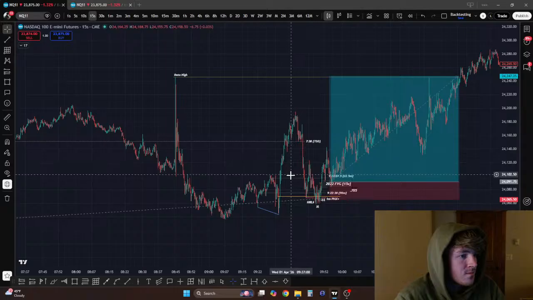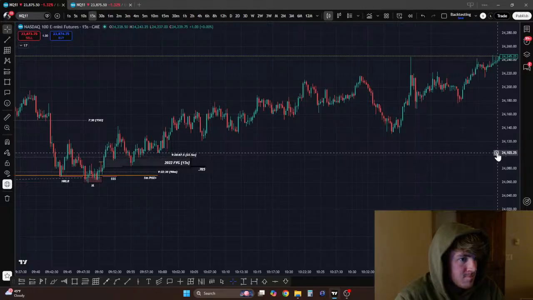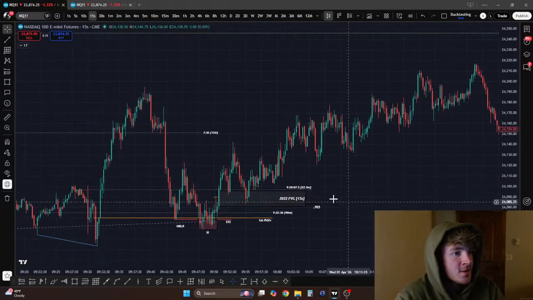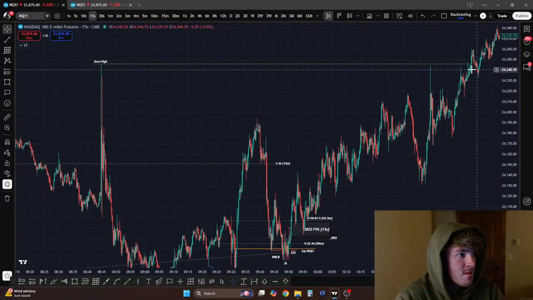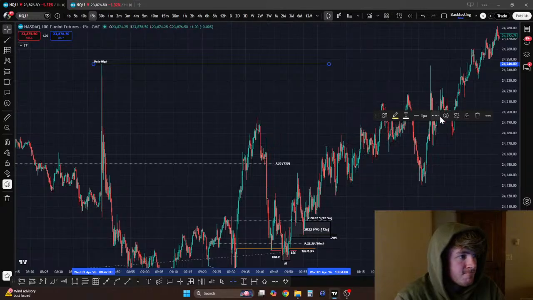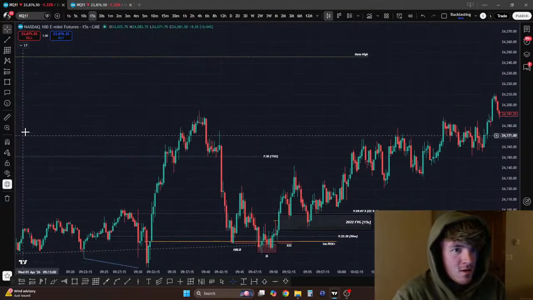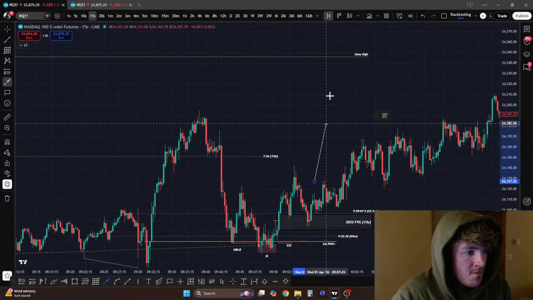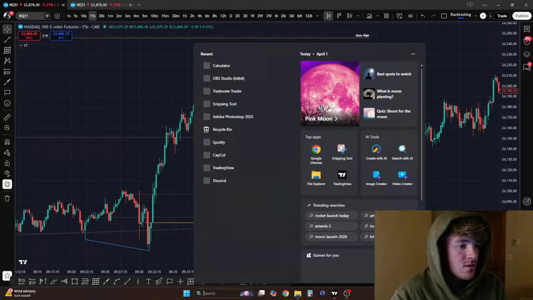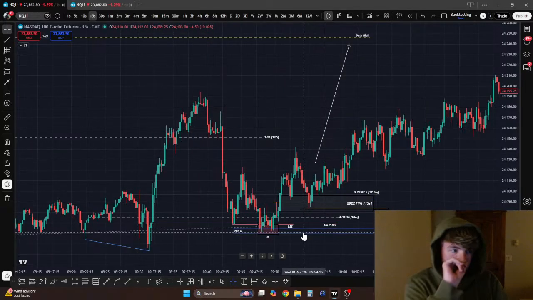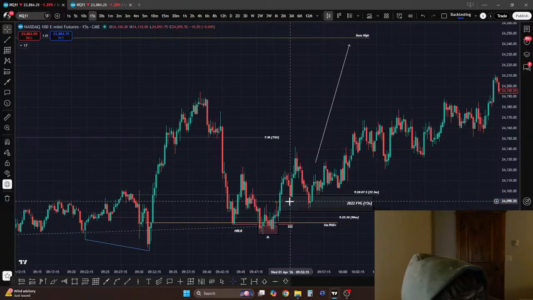Boom. Actually, I'm just going to use an arrow because it's too cluttered. I would take this as an inducement of this low.